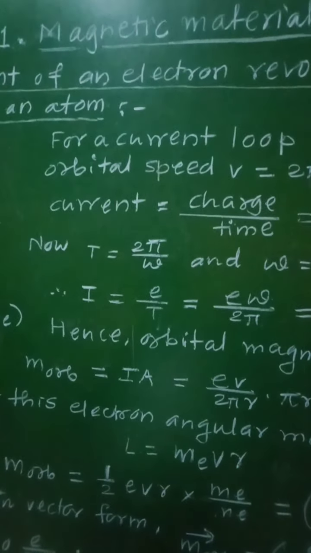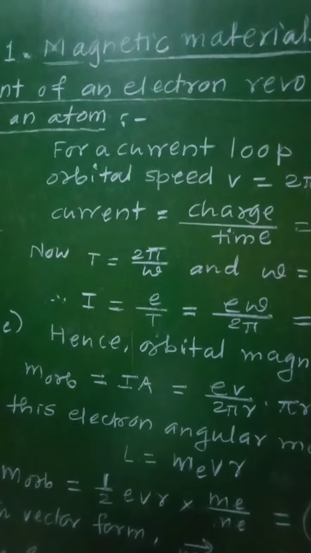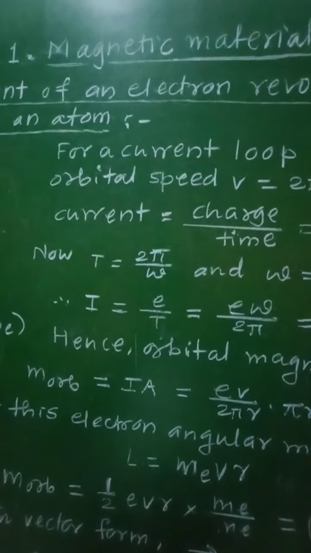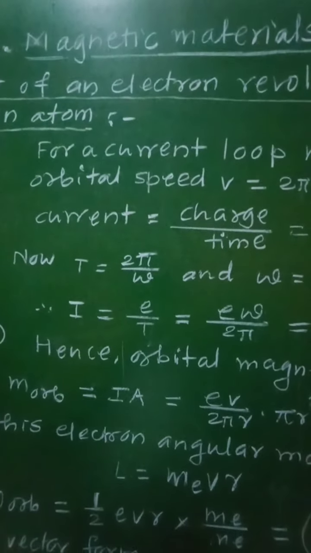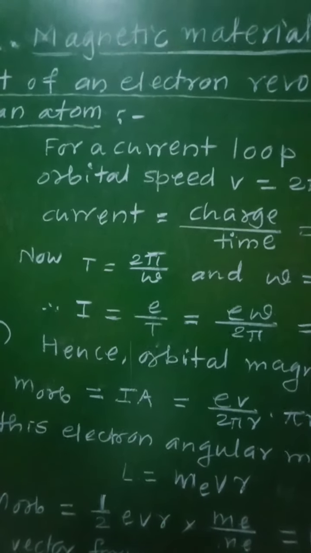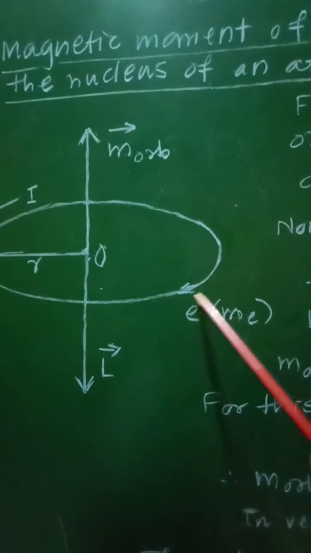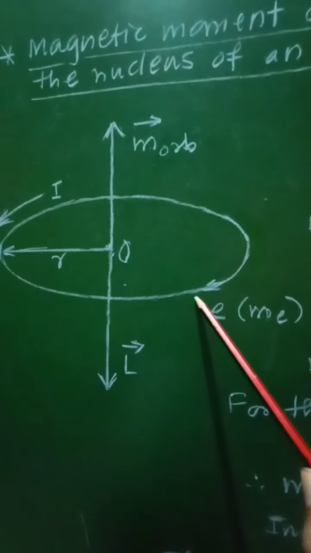Now if you consider that electron which is revolving around the nucleus, the electron revolving in an orbit will be equivalent to a tiny current loop, and the magnetic dipole moment is given as M equal to I A. Now for that revolving electron, let v be the speed of that electron along this circular orbit.